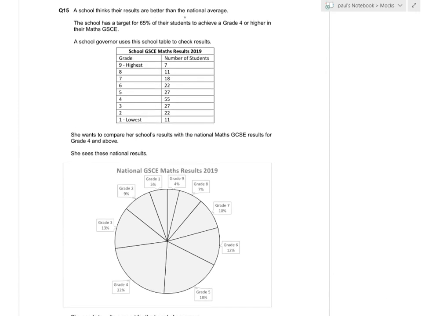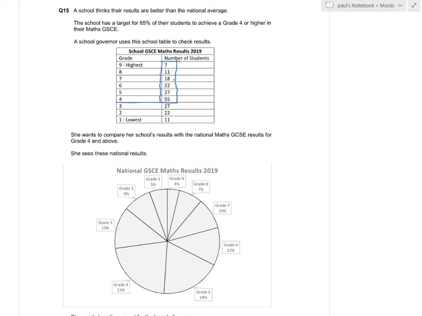A school thinks their results are better than the national average. A school has a target of 65% for their students to achieve a grade score. Use the table to check the results. She wants to compare her school's results with the national average. Right, so grade 4, 65%. So grade 4 is all these people and above. So we need to add those together.